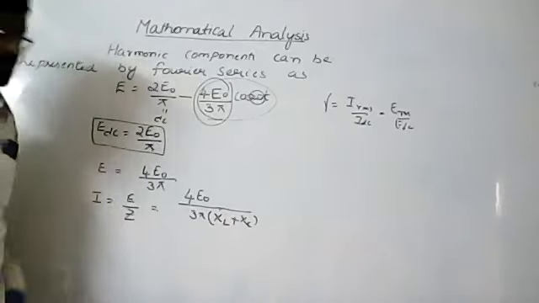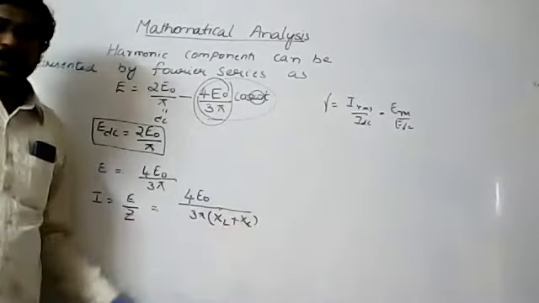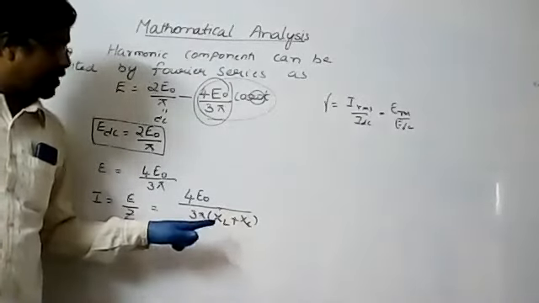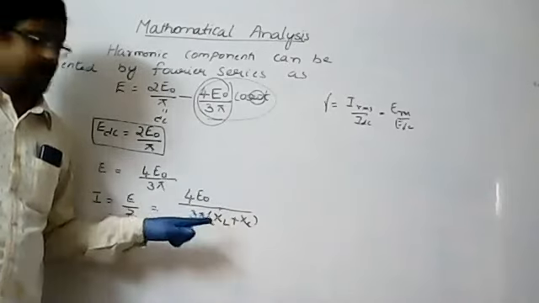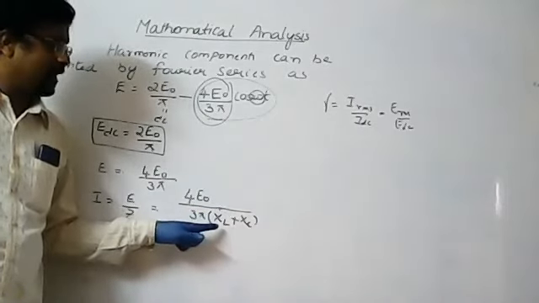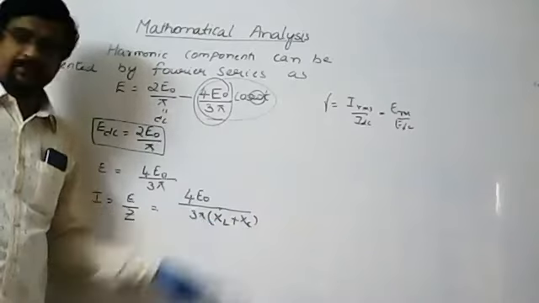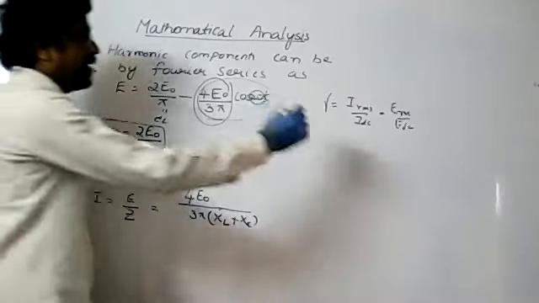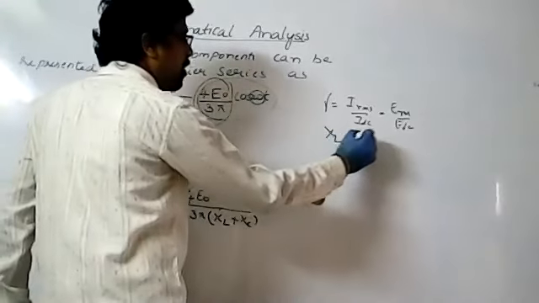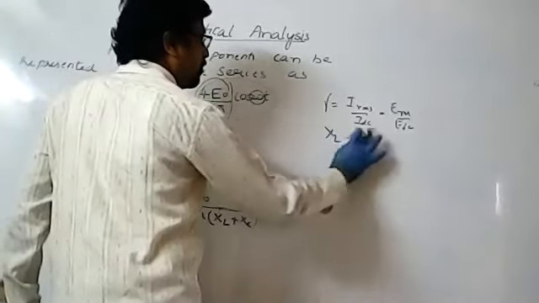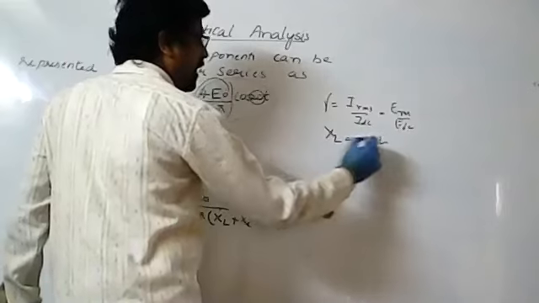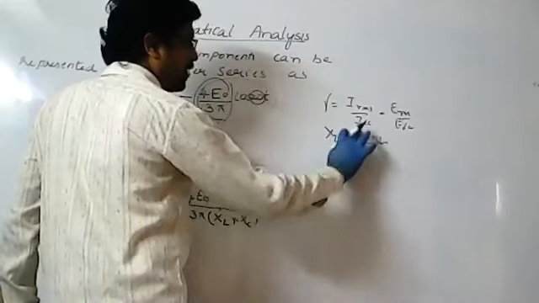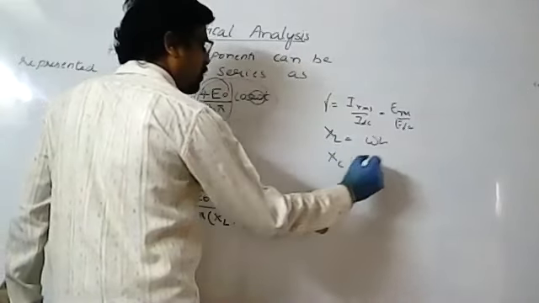XL is the reactance offered by the inductor. XC is the reactance offered by the capacitor. Generally, the reactance offered by the inductor is omega L. Actually we write j omega L, j is the imaginary. So XC is equal to what?